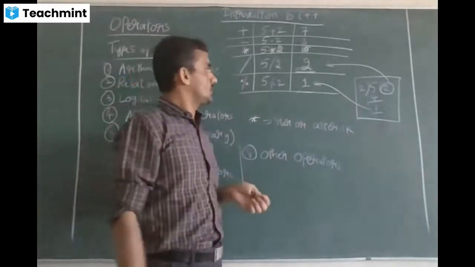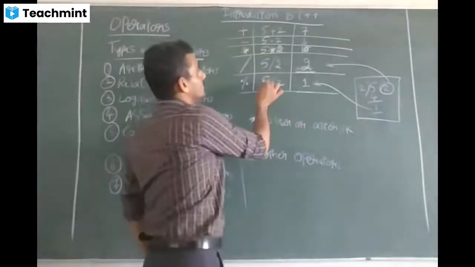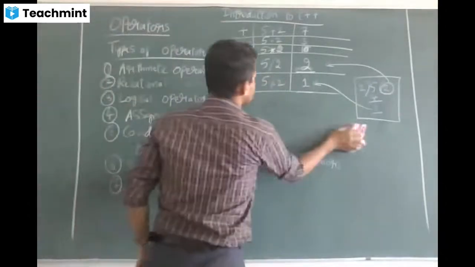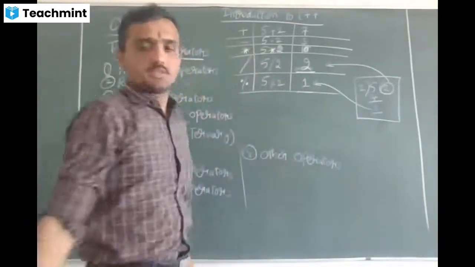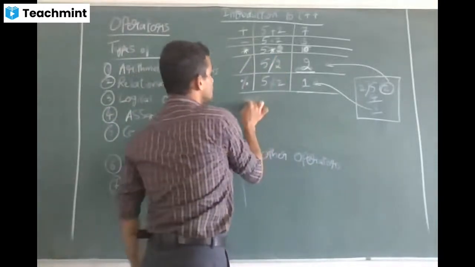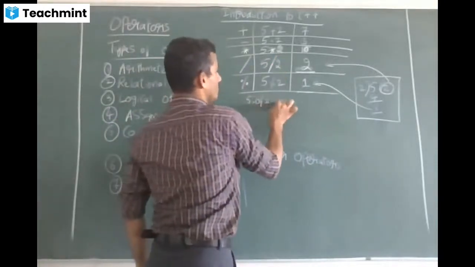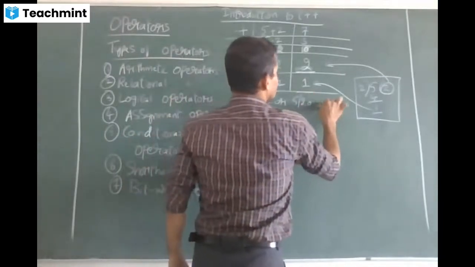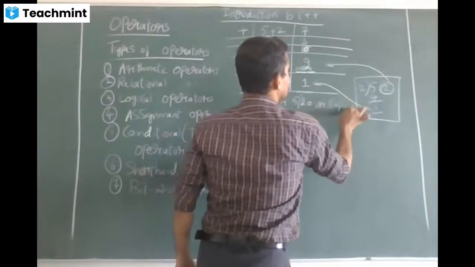Okay, next. When you are applying the mod symbol, there is one rule. When you are applying the division symbol, you can say 5.0 by 2 or 5 divided by 2.0 or 5.0 divided by 2.0.